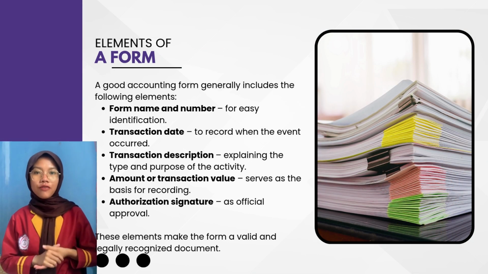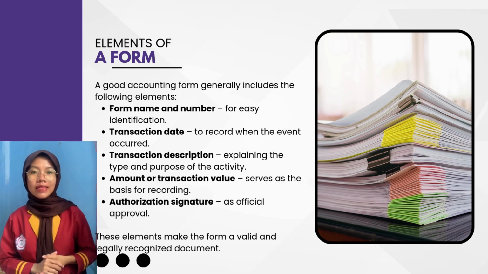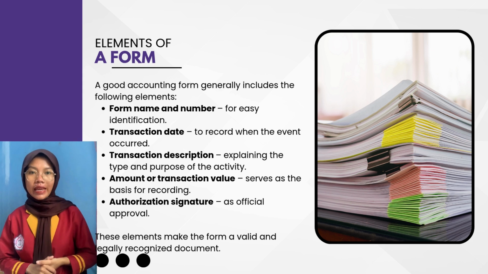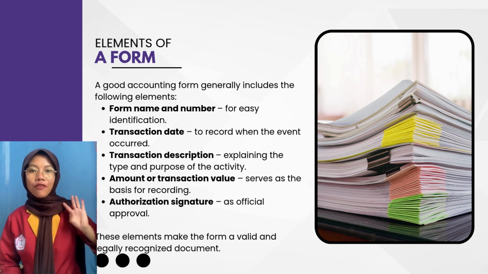A good accounting form usually includes several important elements. 1. Form name and number for easy identification. 2. Transaction date to record when the activity took place. 3. Transaction description explaining the type and purpose of the activity. 4.